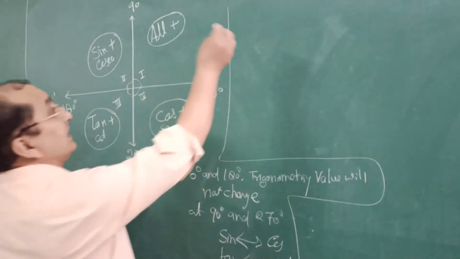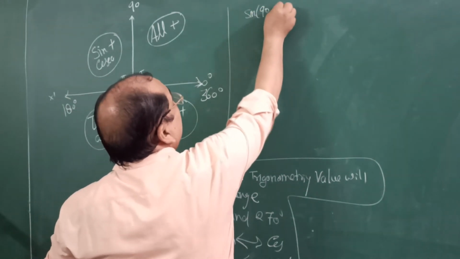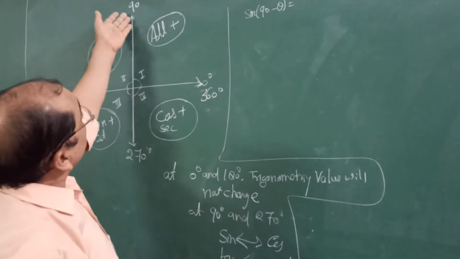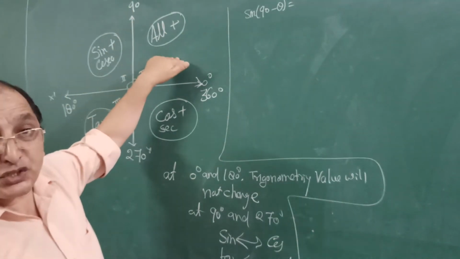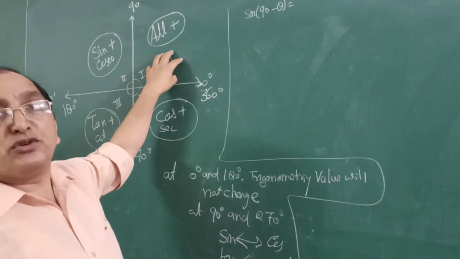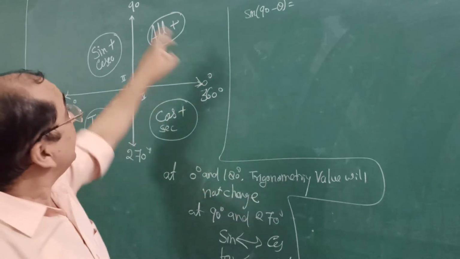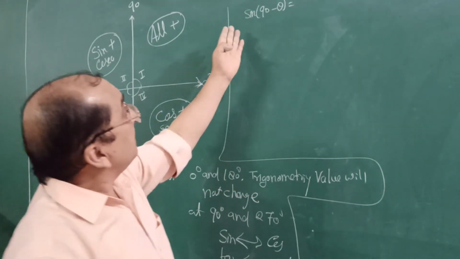But how? See, we know sine of 90 minus theta. Just 90 minus theta means we are jumping from 90 into the first quadrant. Jumping into the first quadrant means all trigonometric values are positive, but at 90 degree and 270 degree the trigonometric value will change, so it will become positive.